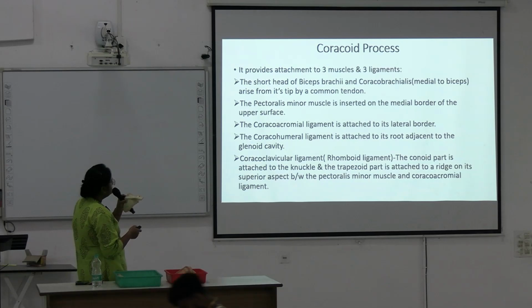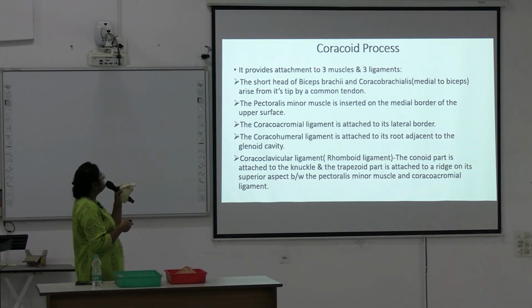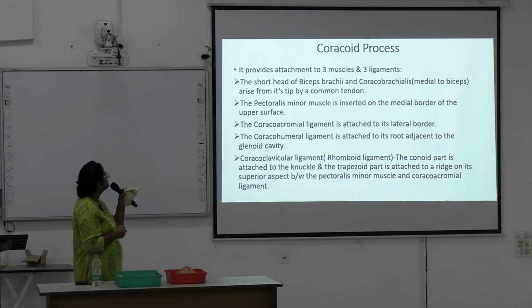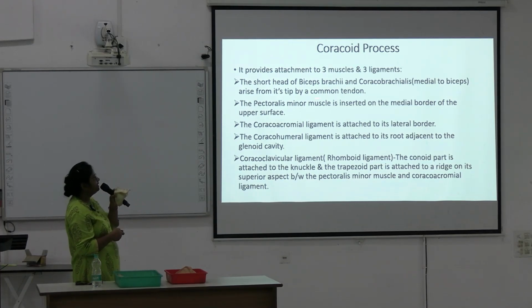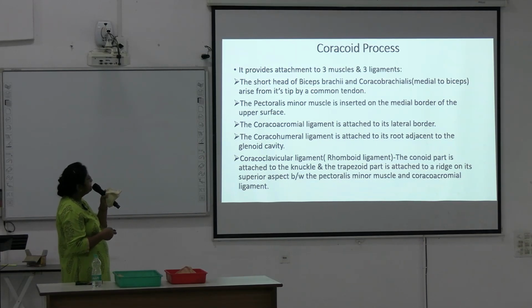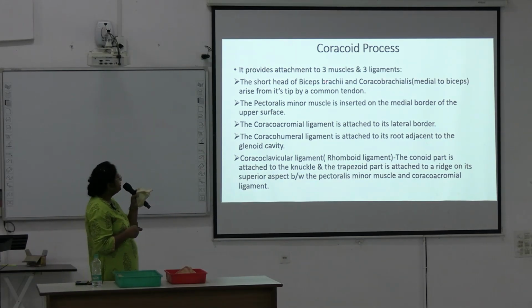Next we go to the coracoid process, the third process. It provides attachment to 3 muscles and 3 ligaments. The short head of biceps brachii and coracobrachialis are attached to the tip of the coracoid process. Among these two muscles, coracobrachialis lies medial to the short head of biceps.